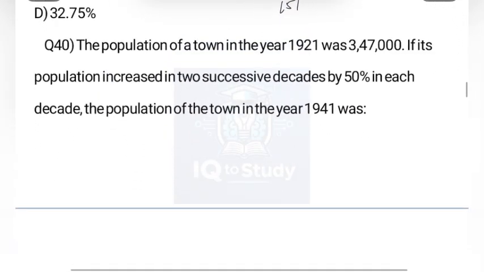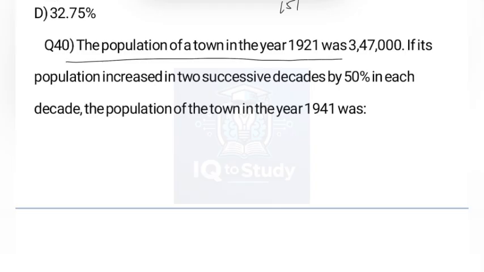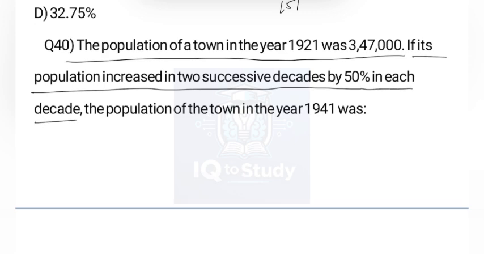The population of town in the year 1921 was 3,47,000. If its population increased in 2 successive decades by 50% in each decade, the population of the town in the year 1941 was.